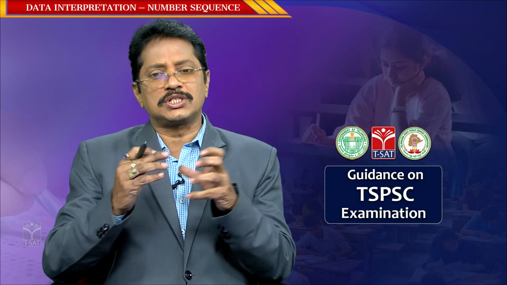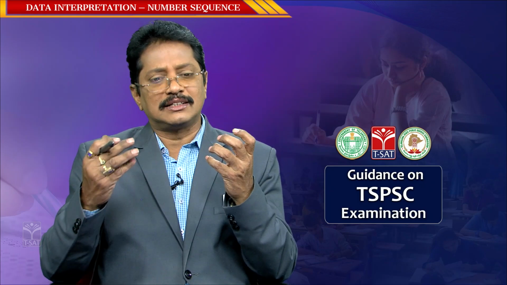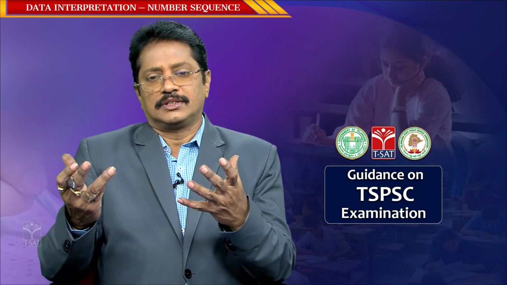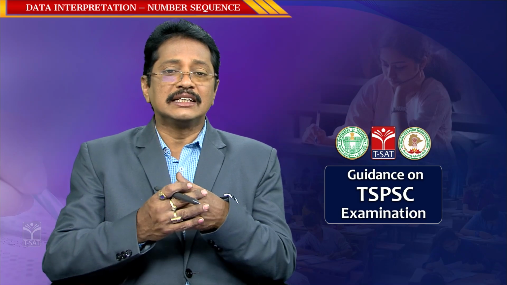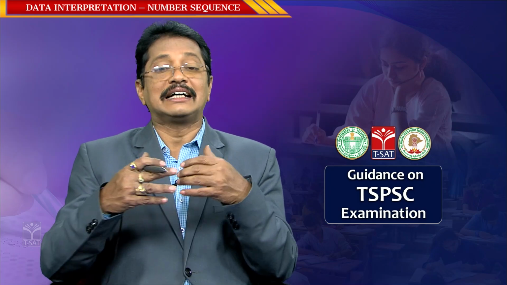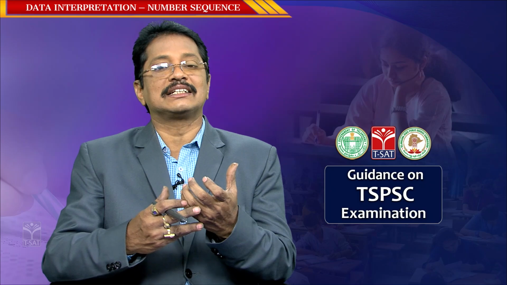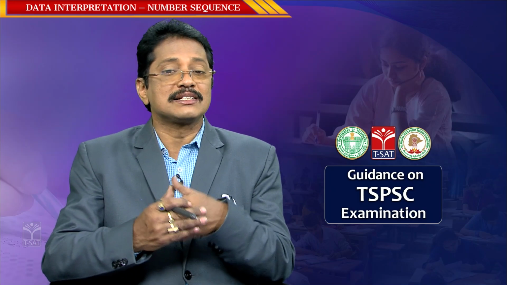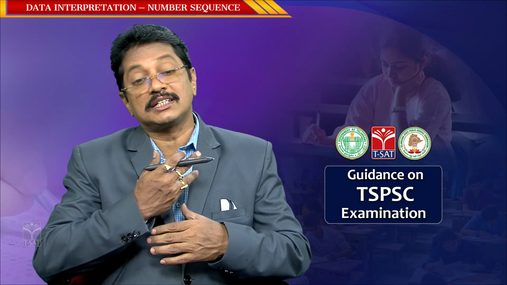Actually, in social studies generally everyone knows it: one of the greatest social reformers said that food grains are increasing in arithmetic progression, but the population in the world is increasing in geometric progression. That's the reason we are suffering with poverty, because arithmetic progression increases slowly, but geometric progression increases rapidly.